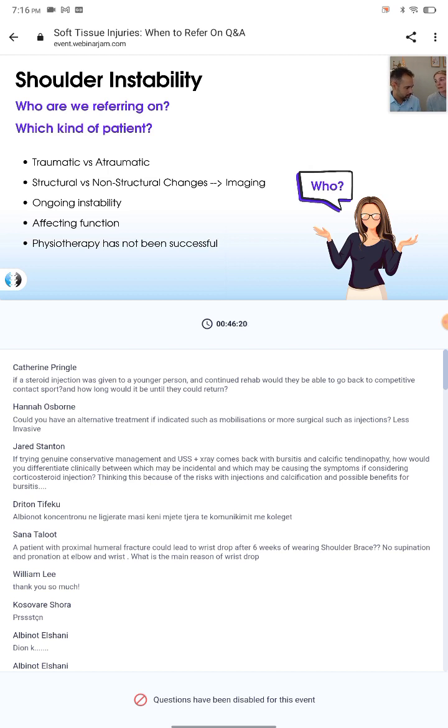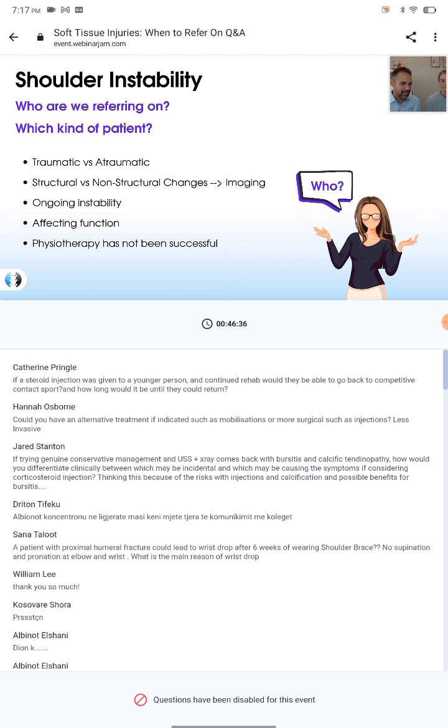So from a safety perspective, if someone tells you the shoulder was out, a mate popped it back in for them, they haven't seen anyone else but it's been really sore since, they need to go and have that reviewed by a medical practitioner.